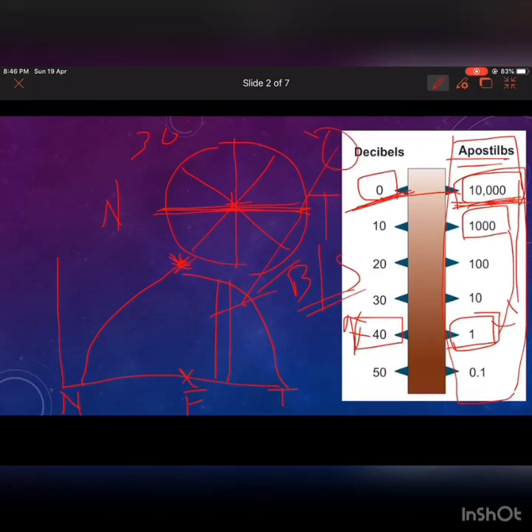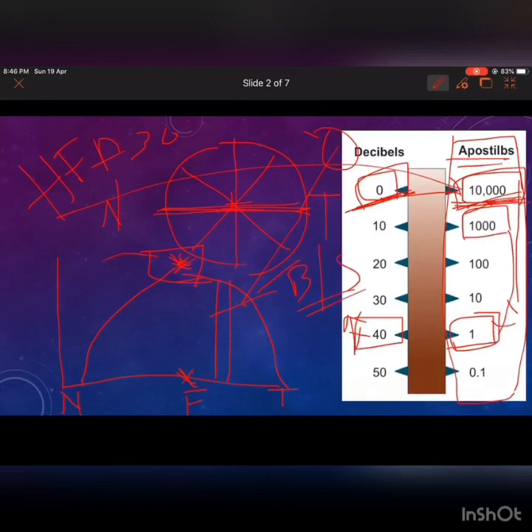Understood? It is arbitrarily taken in the Humphrey field analyzer. Anything which gets stimulated only by 10,000 and more apostilb is considered as 0 decibel. Understood? 0 decibel. So the funda is, at the fovea you can stimulate with the least apostilb.